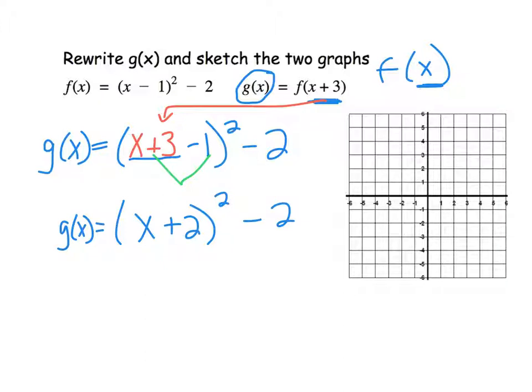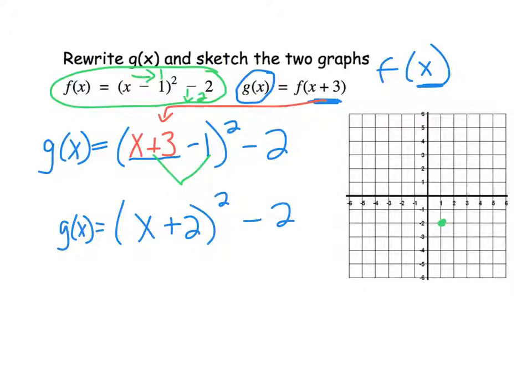So I'm going to start, and I'm going to make my f of x in green. The first thing I do is look to see where my vertex is going to be. And my transformation says that I'm going right 1 and down 2. So to the right 1 and down 2, and I'm going to put my vertex.